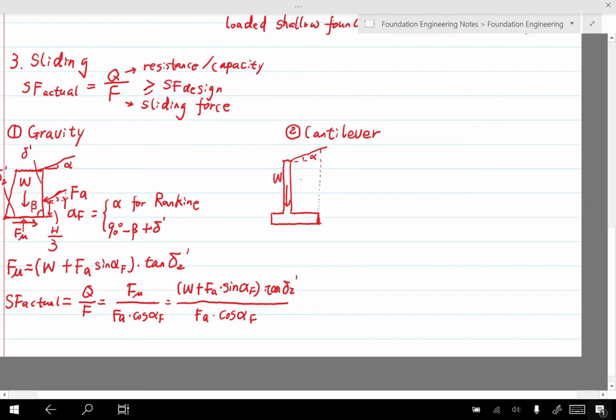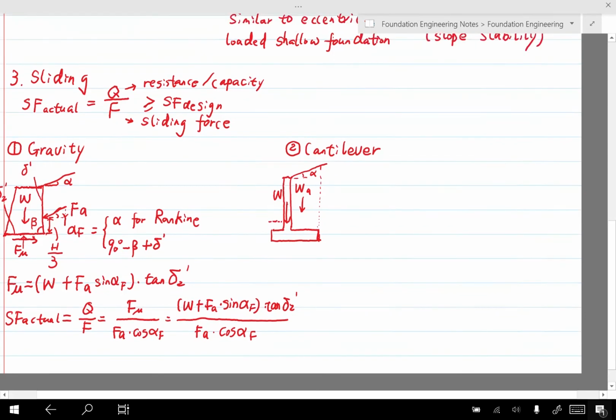In this case, as mentioned, we will have active earth pressure. So this would be the active zone, because the soil moves actively to push the wall away from its original position. That is WA. Then sometimes, we also have soil in front of the wall.